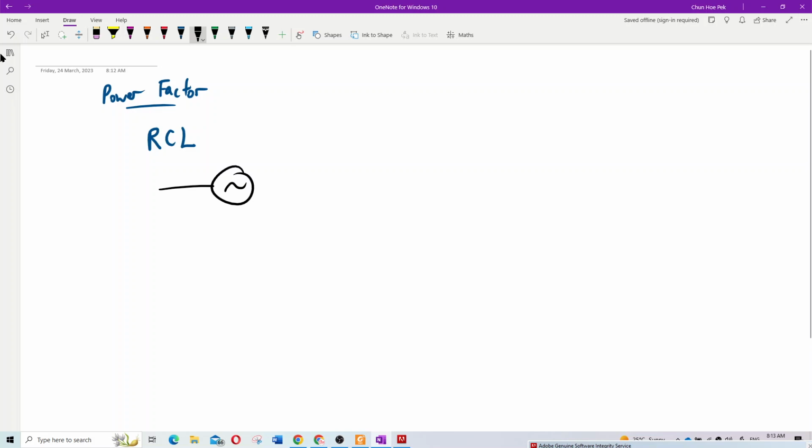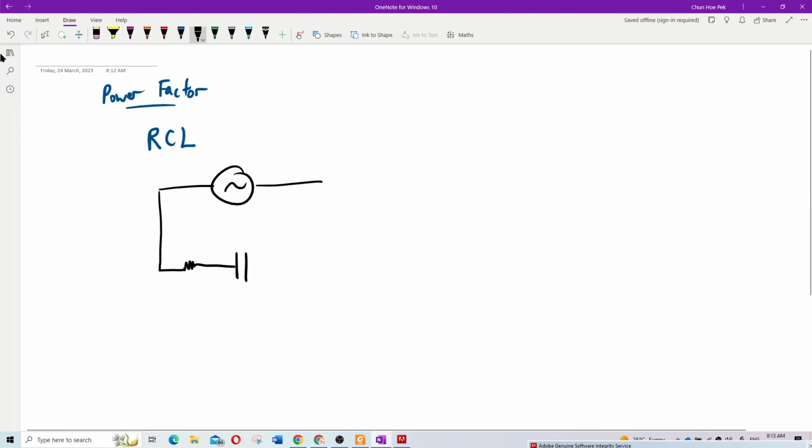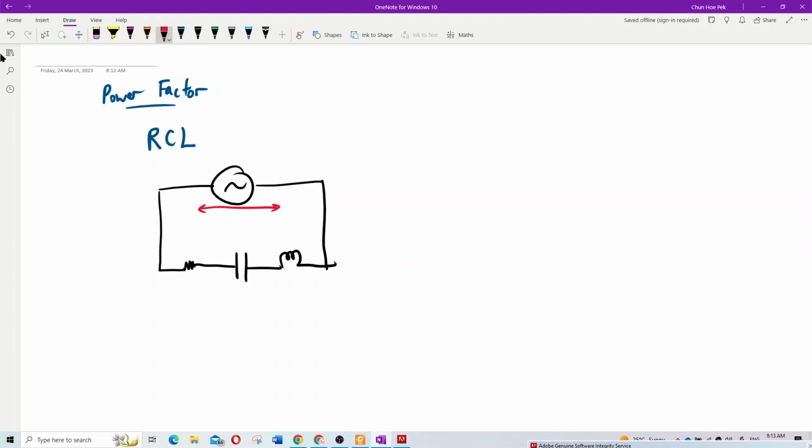You have a source, and a resistor, capacitor, inductor. Let me label first. Here you have the voltage across the source, the voltage across the resistor, voltage across capacitor, and voltage across inductor.